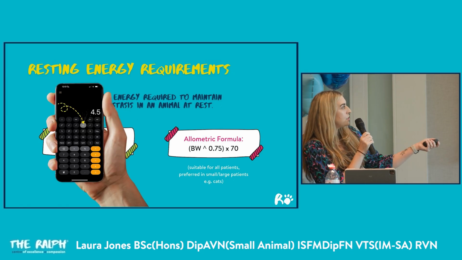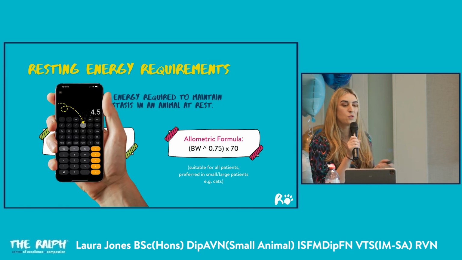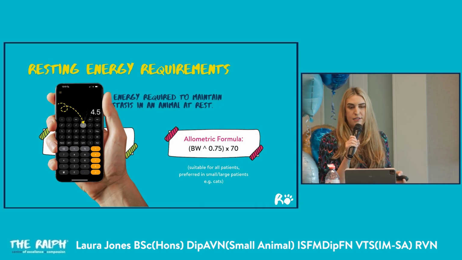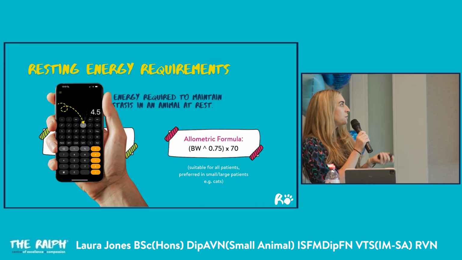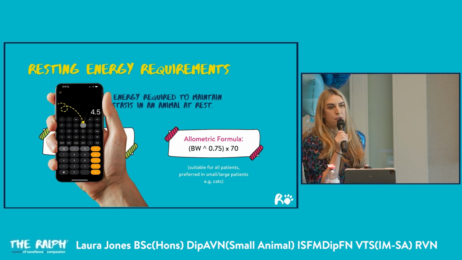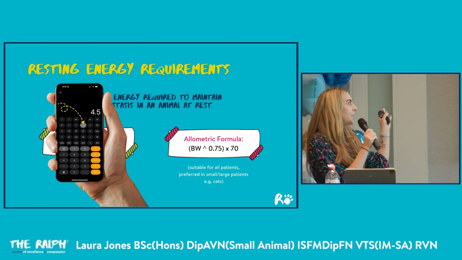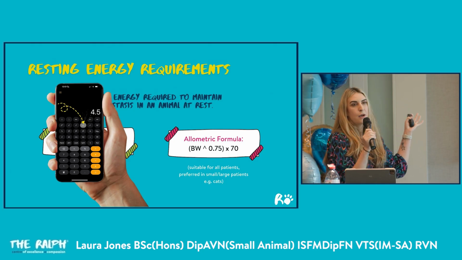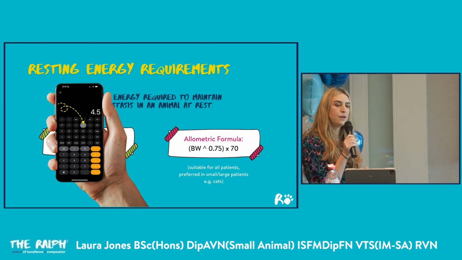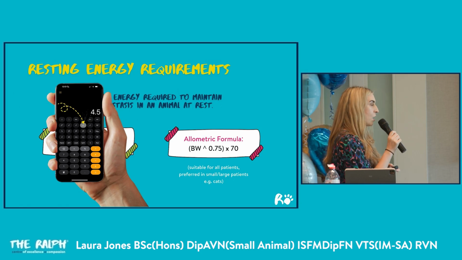And although to the power of likes to complicate things a little bit, you can do that quite easily on your smartphone on the scientific calculator. So you will find a little button that says x to the power of y. That's the one that you want to use. So you type in the weight, hit that, type in 0.75 and multiply that by 70, and that will get you your patient's resting energy requirement.